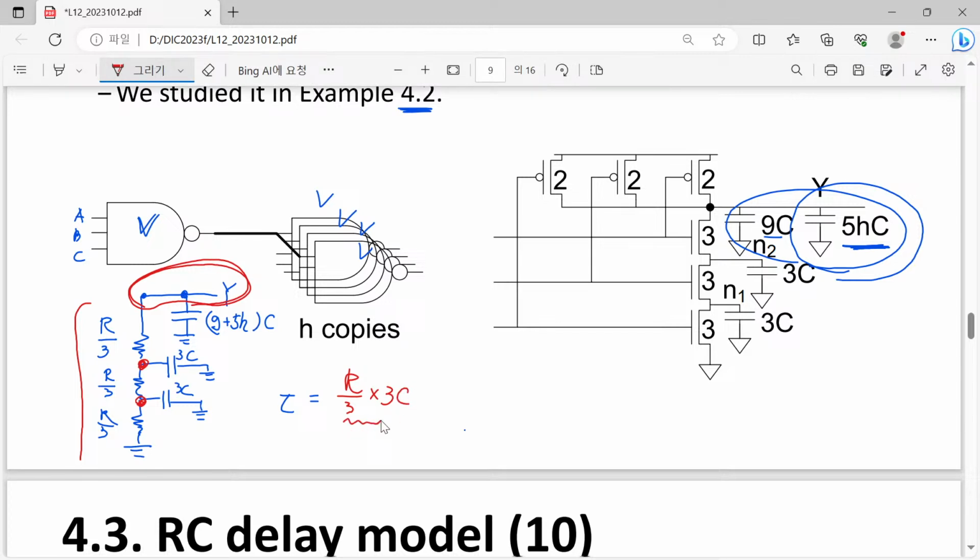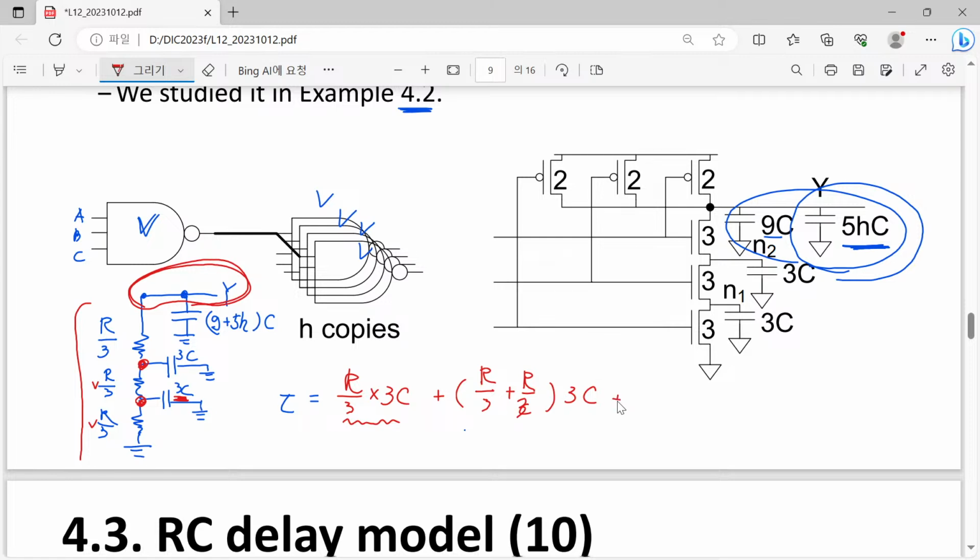So simply speaking, we must calculate R over 3 times 3C. This component is used to charge the bottom one. And how about the next one? In order to charge the middle one, 3C, we have to have two serially connected resistors, R over 3 and R over 3. So that will be the contribution for this middle capacitor.